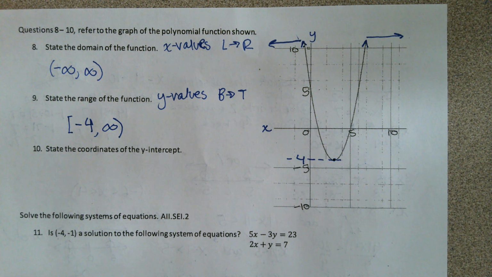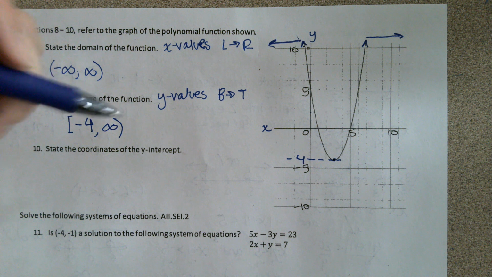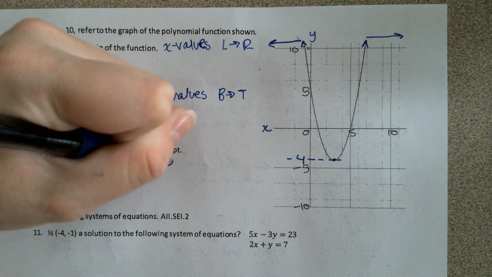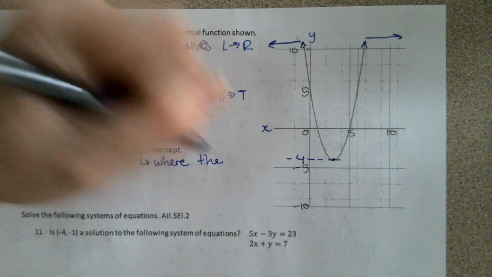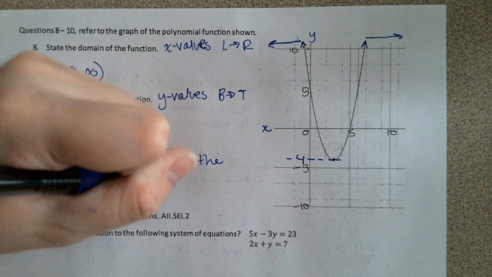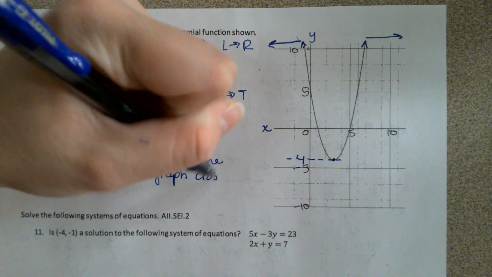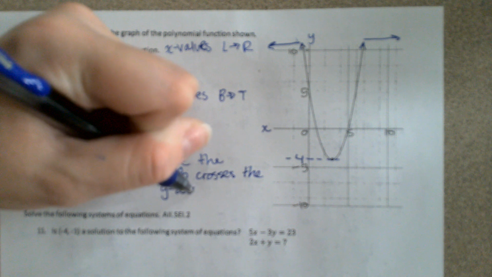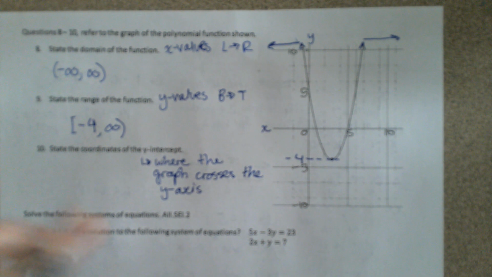Number 10, state the coordinates of the y-intercept. The y-intercept, for those of you who don't know, is where the graph crosses the y-axis. This is extremely important.